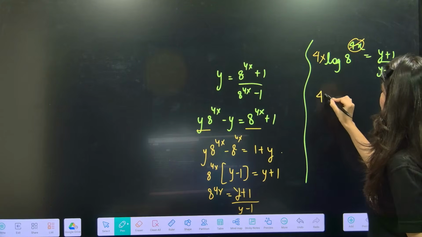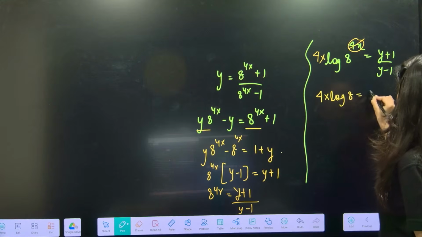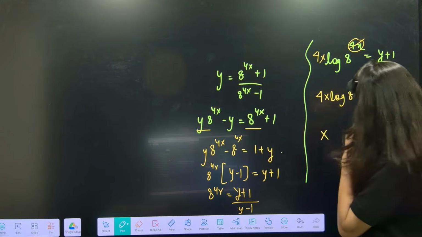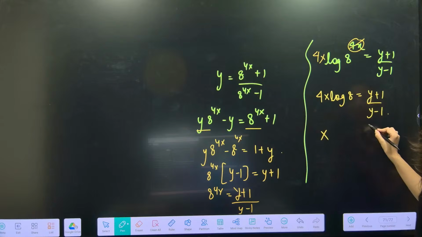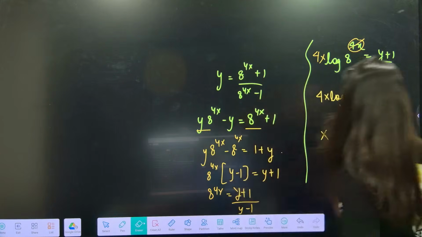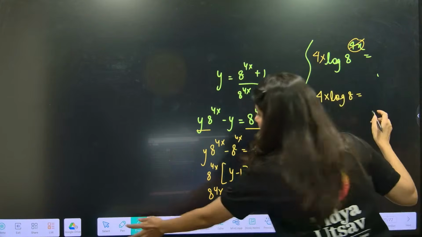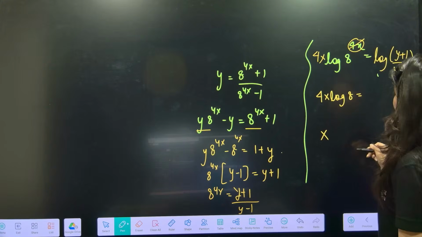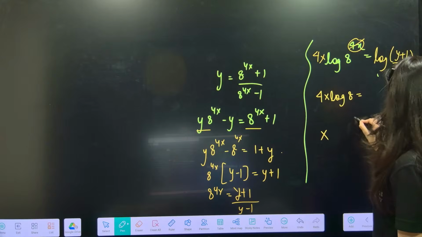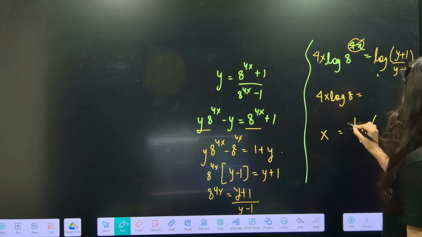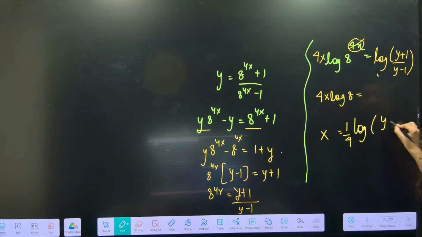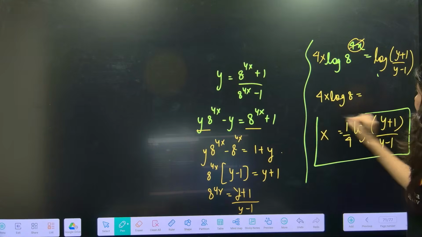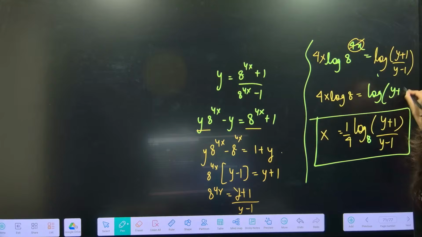So this is 4x log 8 equal to log of (y plus 1) upon (y minus 1). Correct. And yes, you have to take log on both sides, not just one side. Correct or not? This is log of (y plus 1) upon (y minus 1).